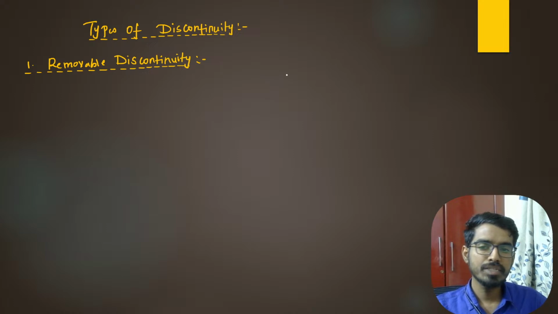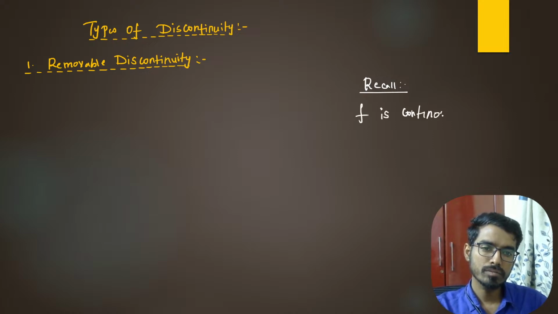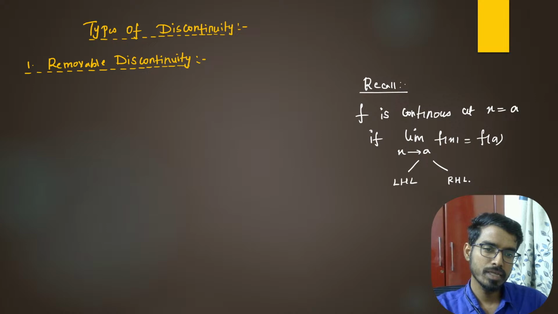Recall the definition of continuity. f is continuous at x equal to a if limit x tending to a of f(x) is equal to f of a. For this limit to exist, we need to find LHL and RHL, and both have to be equal.